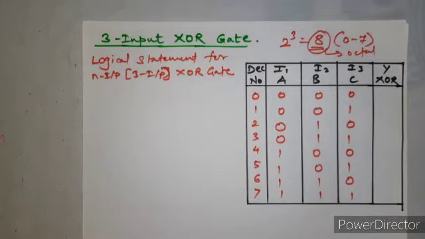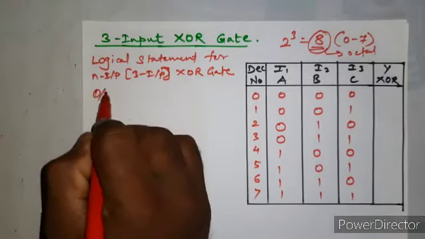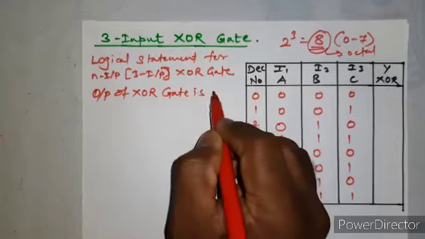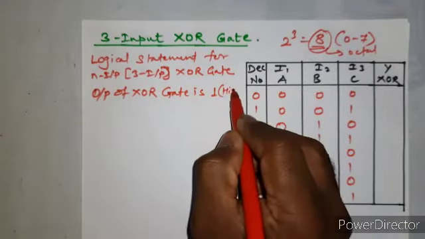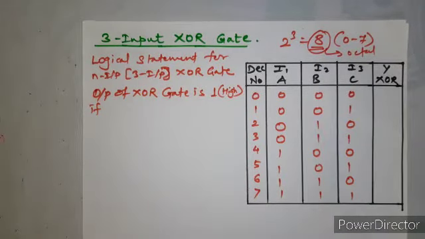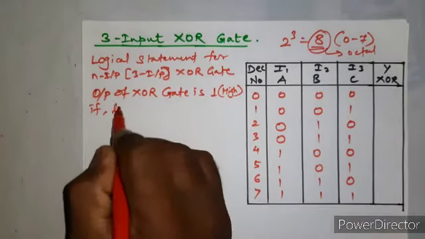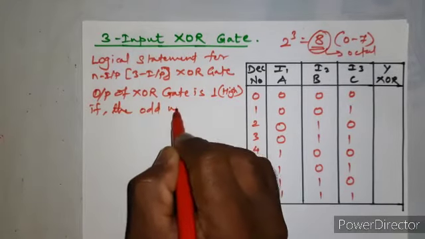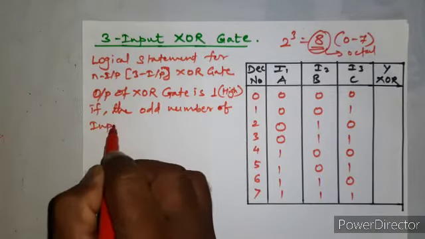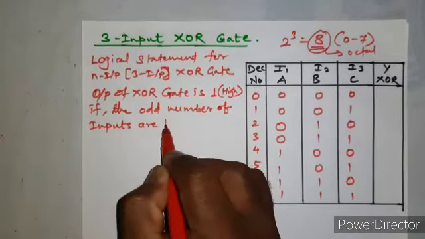The output of the XOR gate is 1, or high, if an odd number of inputs are high.